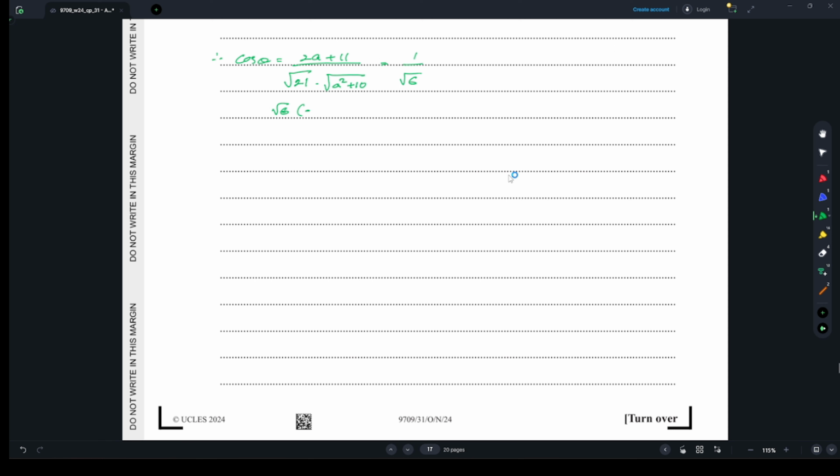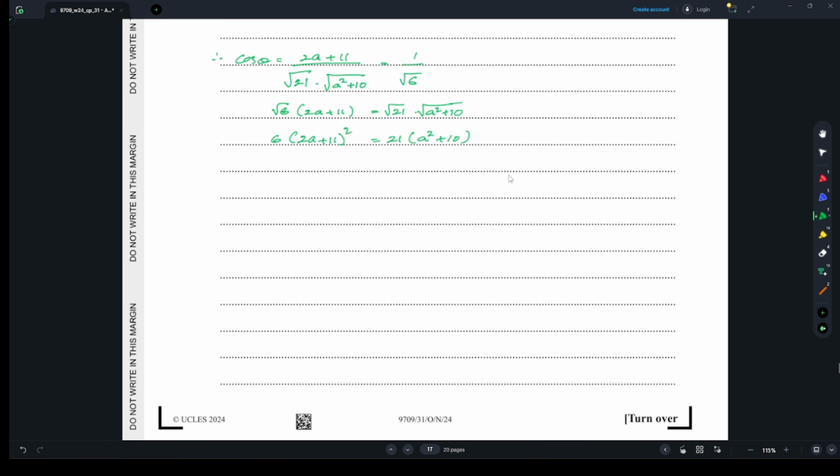Root 6 times 2A plus 11, and on the other side you have root 21 and root A squared plus 10. And then we can square both sides to remove the roots. So 2A plus 11 squared equals 21 times A squared plus 10.